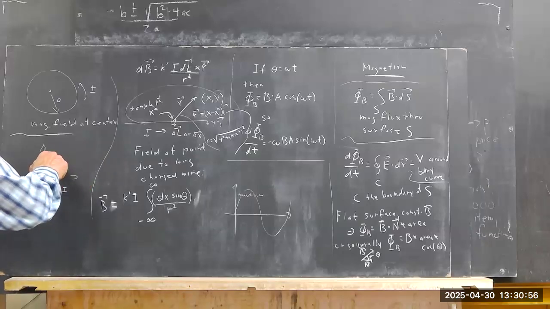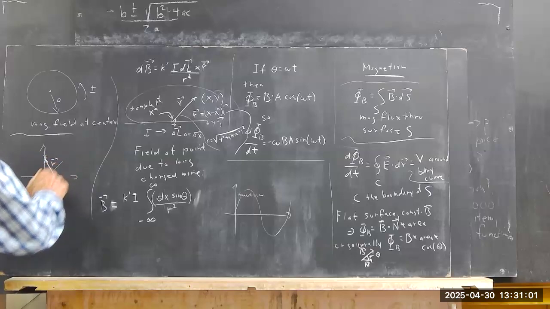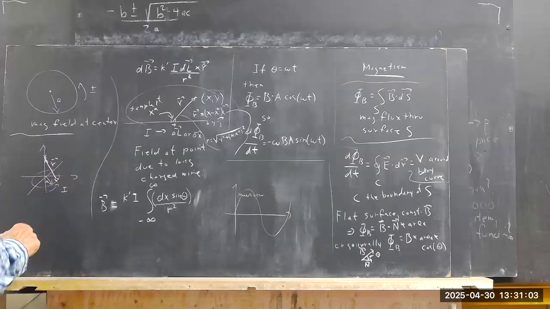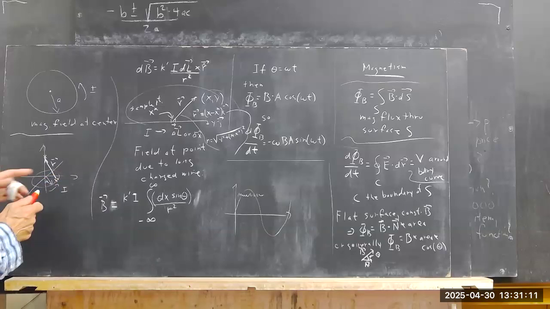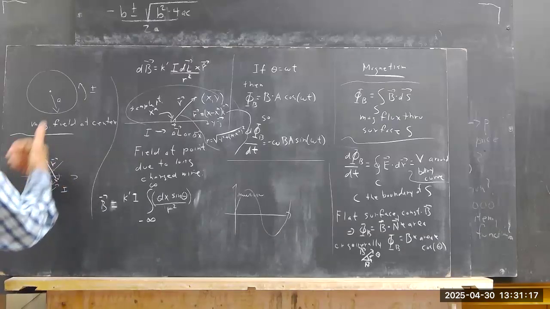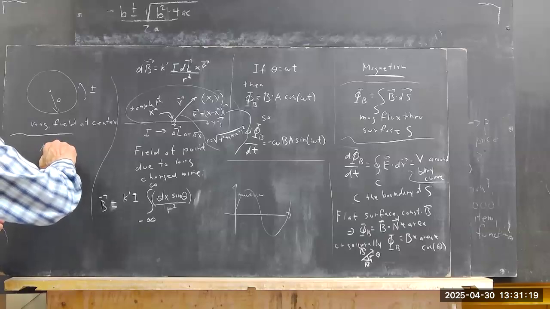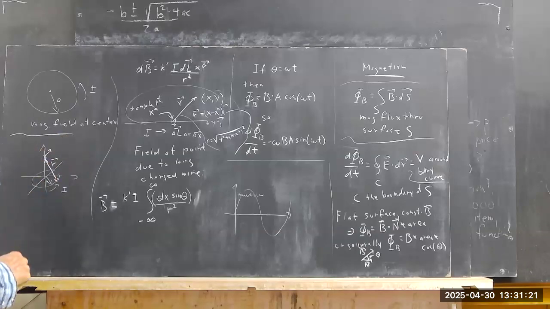Remember, when you do this, take that integral here. We did it last year. Here's your R vector. And your magnetic field is going to be perpendicular both to the dx vector here and the R vector. So it's going to be like this. The magnetic field is going to come back something like this at some angle.